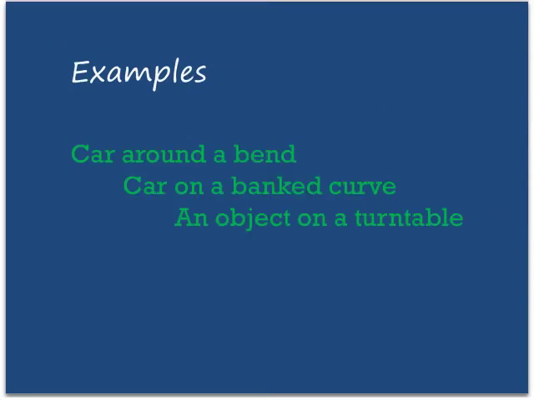So examples on those: cars around a bend. Just driving around a curve, you need some friction to get around that curve to provide the force towards the center. Car on a banked curve. Okay, so here's a cross section of a banked curve. It's driving around this banked curve like that.